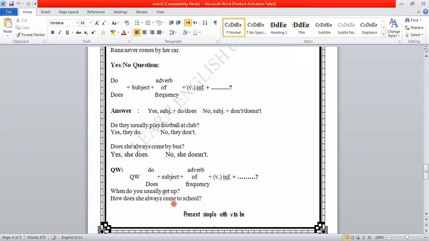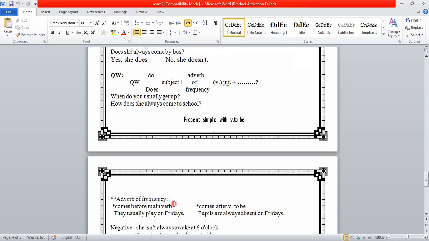Then we will go to the present simple with verb to be. One of the important parts in explaining the present simple is that we can't deny how verb to be comes with the present simple. When we use the verb to be, the sentence will be changed.